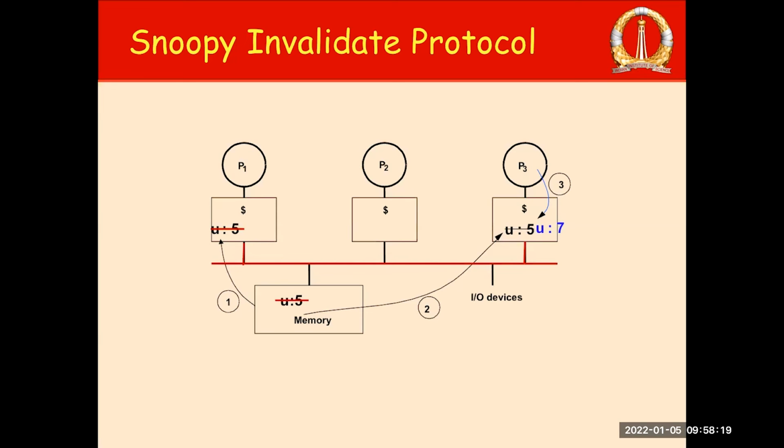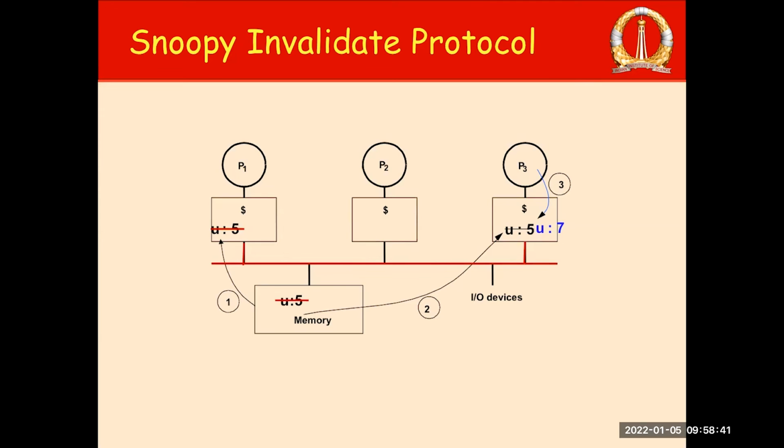That's the only difference, but that also happens by means of snooping on the bus. Later on, we will talk about how this invalidation based protocol is implemented as a finite state machine, and there are different ways of implementing invalidation based protocols that we will also talk about.